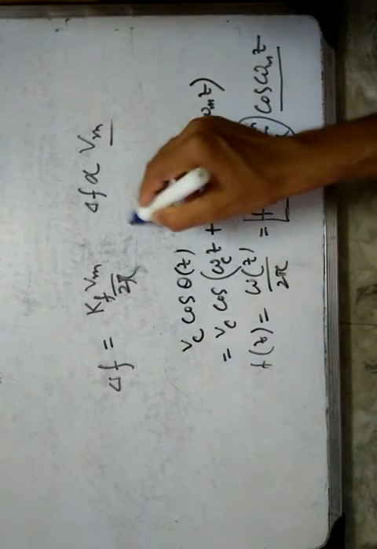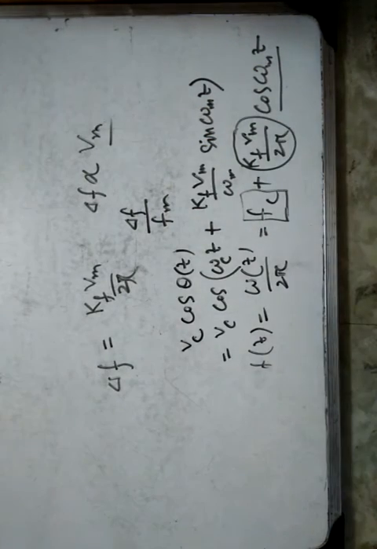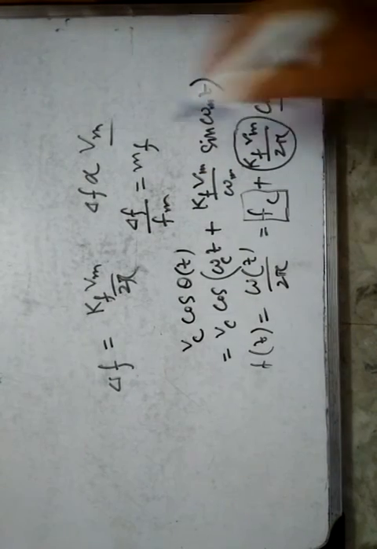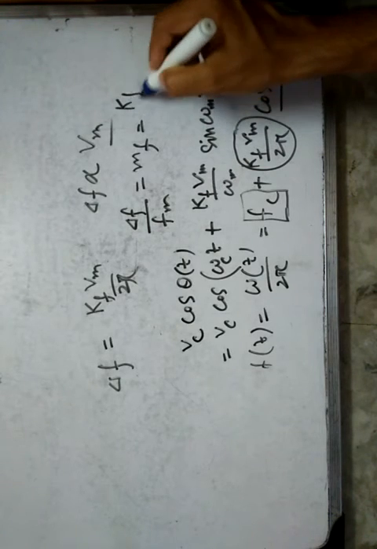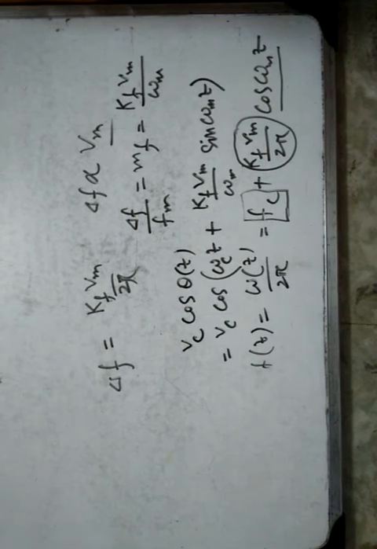The ratio of delta f to the modulating signal frequency is called the frequency modulation index, that is kf Vm by omega m.